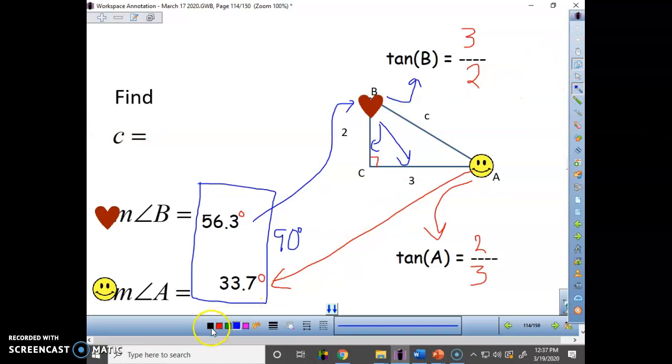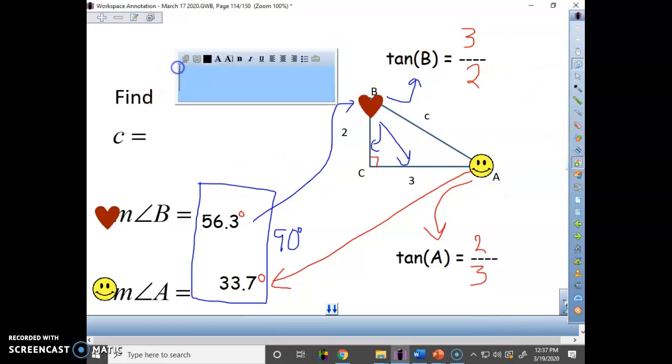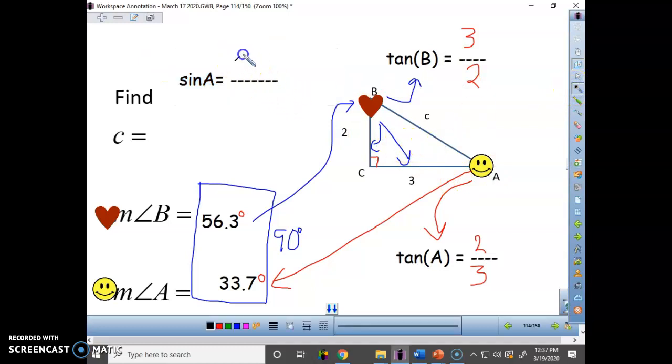I'm going to go with sine personally because sine's my favorite, and I'm going to use smiley face. So we'll say sine of A is equal to, let's see, sine is opposite, so that is my 2 over my 3, except, oh no, it's not 2 over 3, sorry, 2 over C, undo.